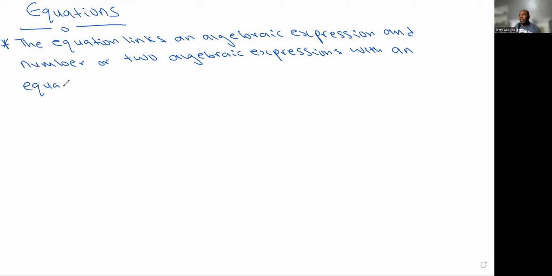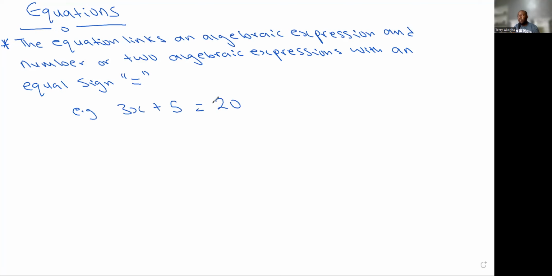So the key thing that makes an equation is the equal to sign. The difference between an expression and an equation is an equal to sign. So either you have an algebraic expression with a value or a number with an equal to sign. For instance, you can have 3x plus 5 is equal to 20.